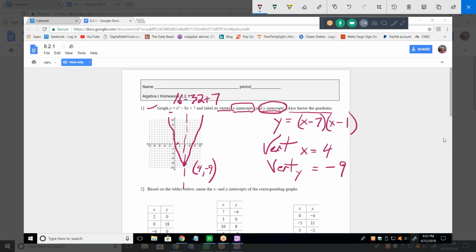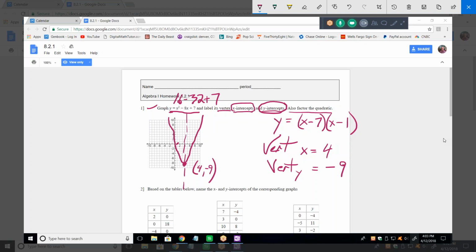How do you get the y-intercept when you have it in standard format? Remember the rule. The y-intercept is when x is 0. So plug in 0 for x into our primary equation and solve for y.